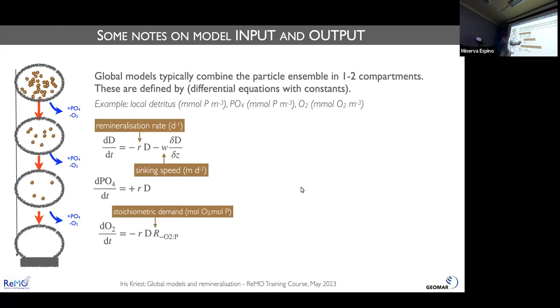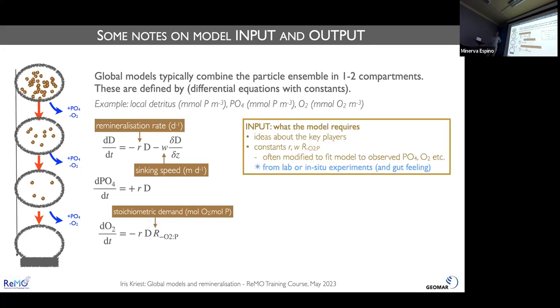The decay of detritus would require oxygen, because even if we calculate detritus in terms of phosphorus, we know there's carbon associated with it, there's nitrogen and amino acids associated with it, so we require some amount of oxygen to respire everything to carbon dioxide, for example. So we also account for this in oxygen by multiplying this decay with a stoichiometric constant. It's as simple as that.